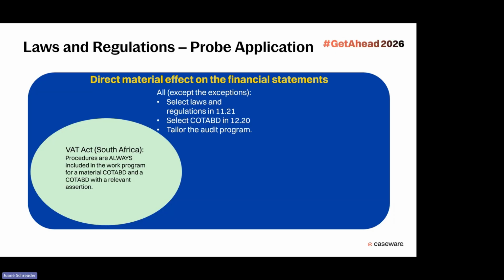Okay, automatically. So let's say we've got sales, there is a risk for, I don't know, completeness of sales or whatever the case may be. Because that work program is activated, you will already have the relevant VAT procedures included in there.